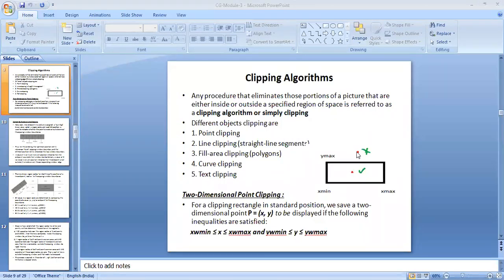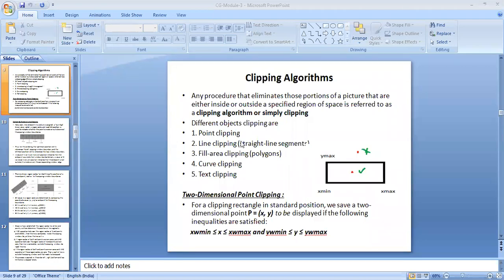Here the y quadrant of this point will be greater than y max because this is above this window. So I will be clipping that particular point, which means I will not be retaining it.